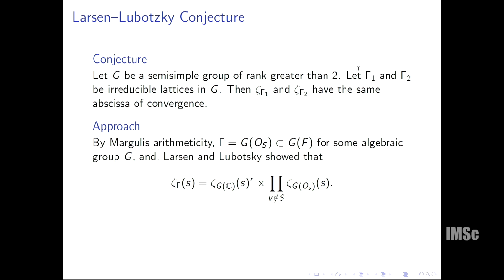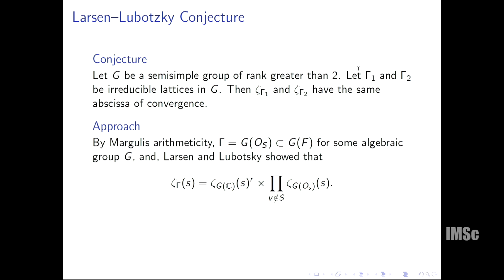And to approach this problem, one uses Margulis arithmeticity. You need to somehow get a grip on what these lattices are, and Margulis's arithmeticity theorem tells us that we can realize these groups as some sort of products of groups, which I'll come to in a moment, G of O_S.